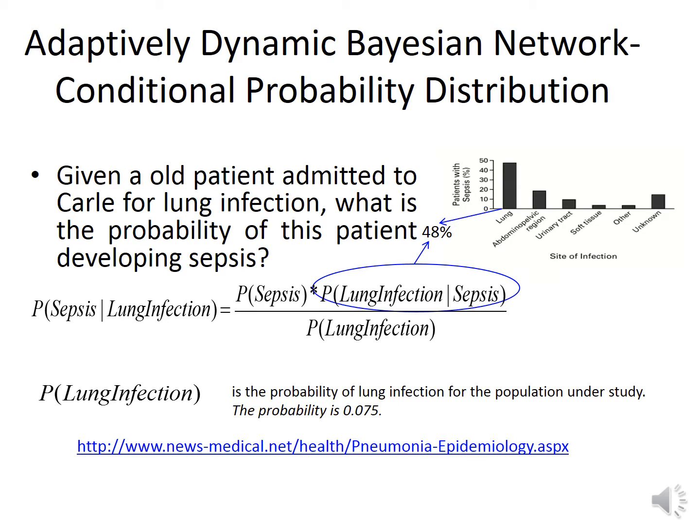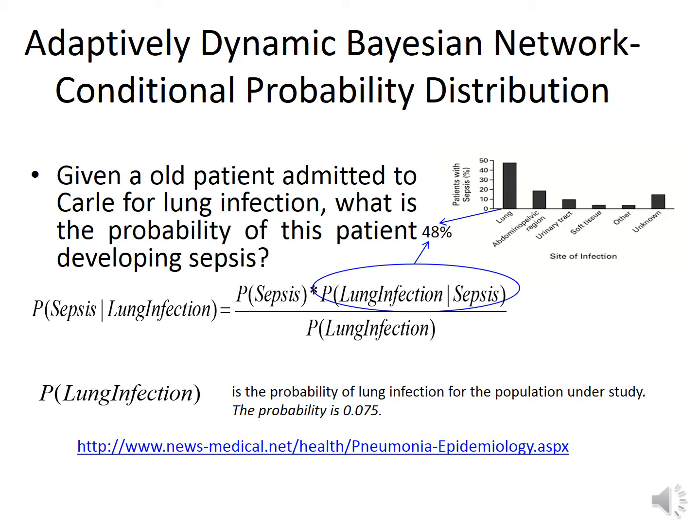Then after we get the graphic structure, we need to initialize those conditional probabilistic distributions. For example, given an old patient admitted to hospital for lung infection, what's the probability of this patient developing sepsis? We survey a lot of papers and research datasets to get those probabilities to initialize.